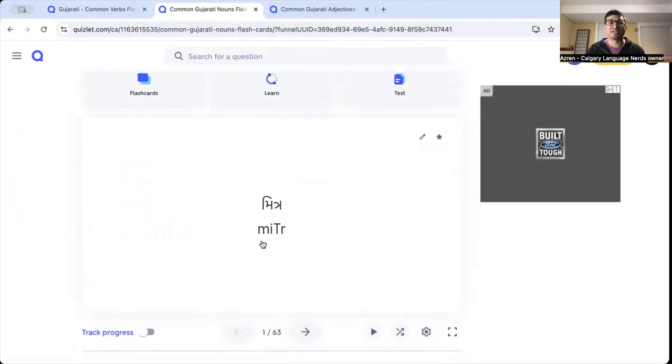All right. Friend, mitra. Family, parivar. Oh, by the way, on the flashcards, you'll see there's a little M or an F or an N beside each noun. That indicates if it's feminine, masculine, or neutral. Next, man, purush. Woman, stri.